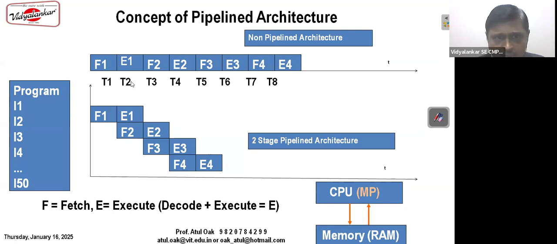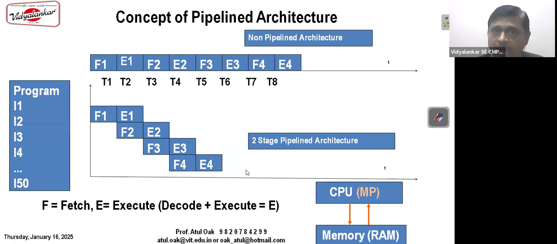Okay, T1, T2, T3, T4, T5, T6, T7, T8. But if I use pipelined architecture, then my execution of 4 instruction gets completed in T5, T1, T2, T3, T4, T5.